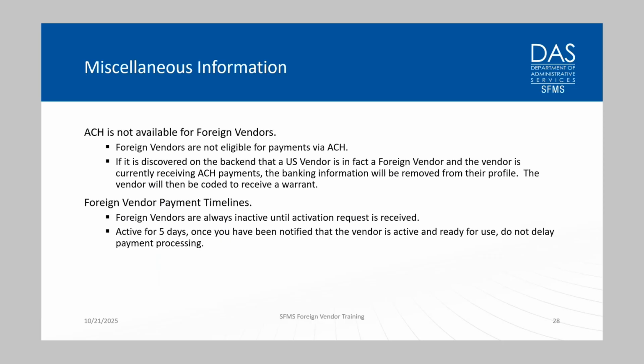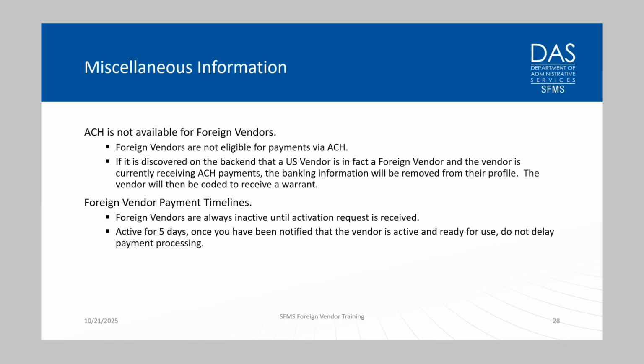So ACH is not available for foreign vendors. I just mentioned that. If it's discovered on the back end that a U.S. vendor is in fact a foreign vendor, and the vendor is currently receiving ACH payments, the banking information will be removed from their profile, and the vendor will be coded to receive a warrant. The vendor will also receive a letter saying, we discovered that you're actually a foreign vendor.